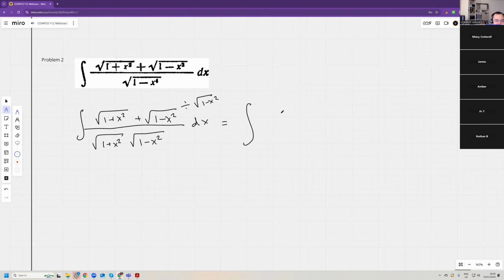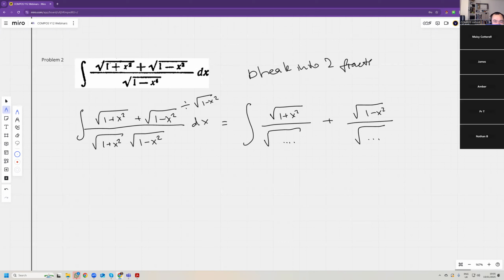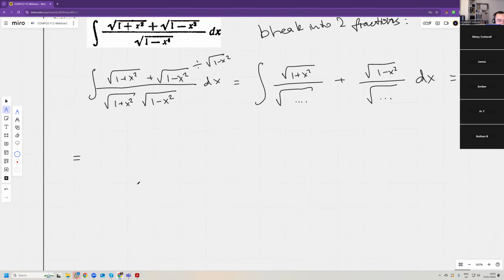Now I can break it into two fractions, into two fractions. Okay, I was looking for something complicated. It's actually not. As I said, it was the simplest. Okay, I think I managed not to embarrass myself completely today.